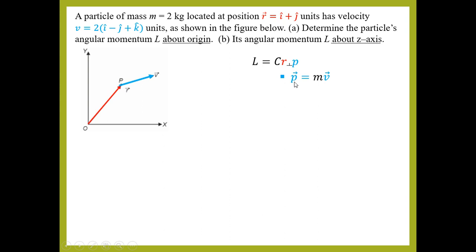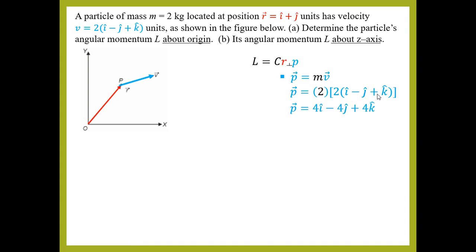But to calculate linear momentum, it's pretty straightforward. Linear momentum is just mass times velocity, which are both given to us in this problem, where mass is 2 and the velocity vector is 2i minus 2j plus k. So we'll distribute the 2 to the coefficient in front of the velocity vector. 2 times 2 is 4, so 4i, negative 4j, and 4k.